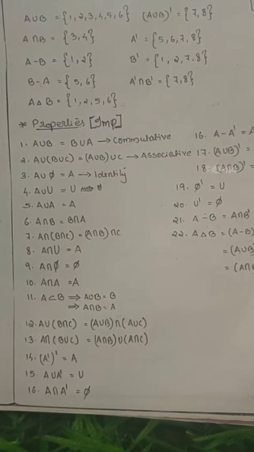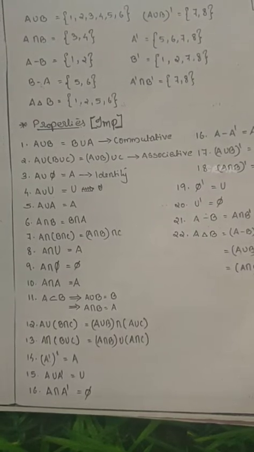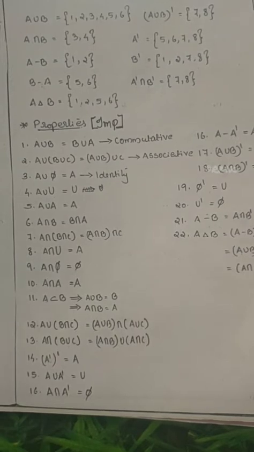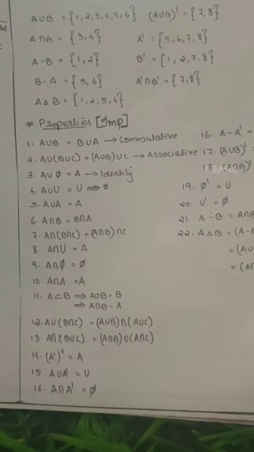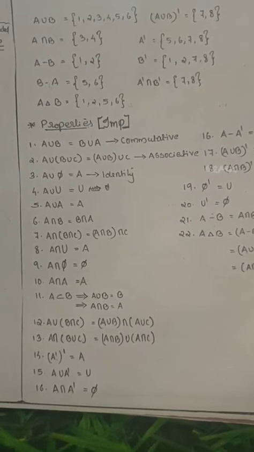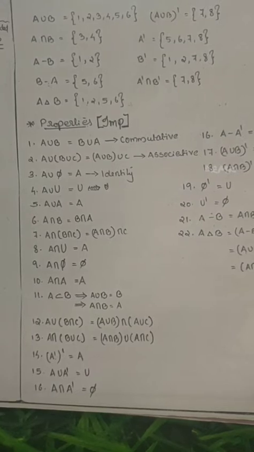A union null set is equal to A, because the null set contains no members. A union universal set, U is the universal set. Answer is U. A union A is equal to A.